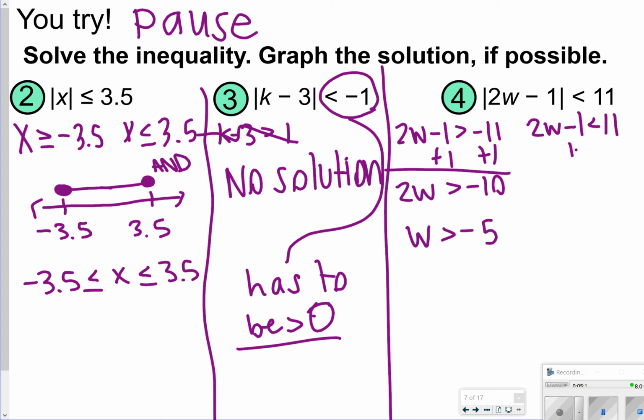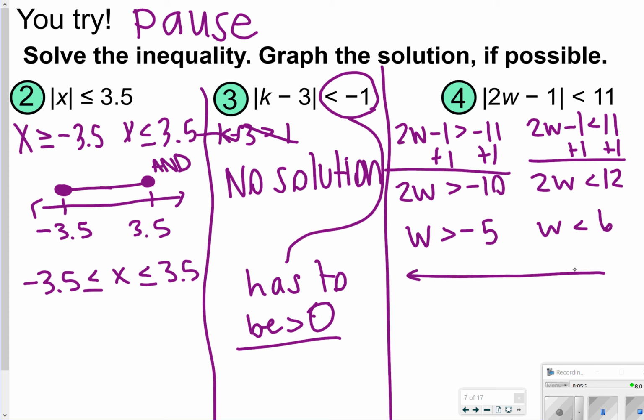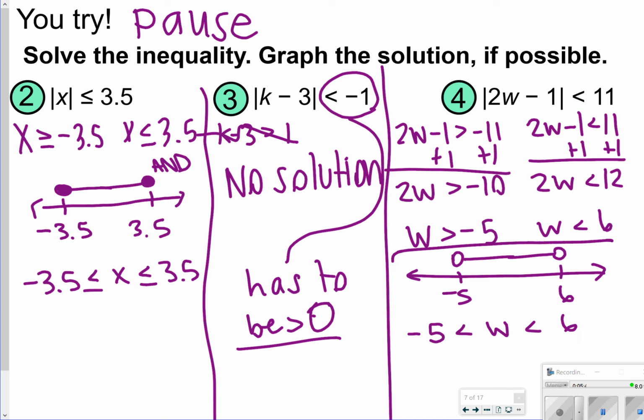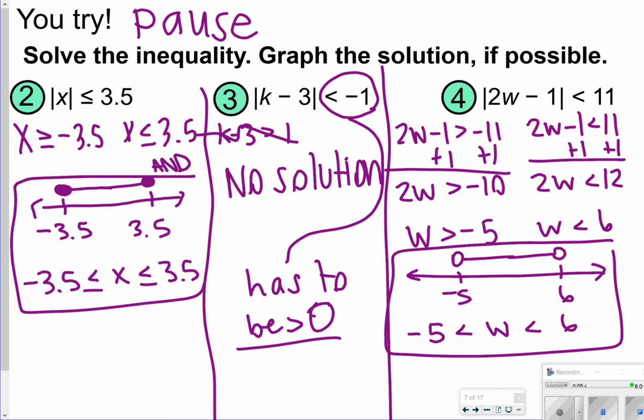And then over here, when I add 1, I get 2w is less than 12. So w is less than 6. Looks like this one will also overlap. Here's negative 5. Here's positive 6. Negative 5 is an open circle pointing right, and 6 is an open circle pointing left. So negative 5 is less than w, which is less than 6.